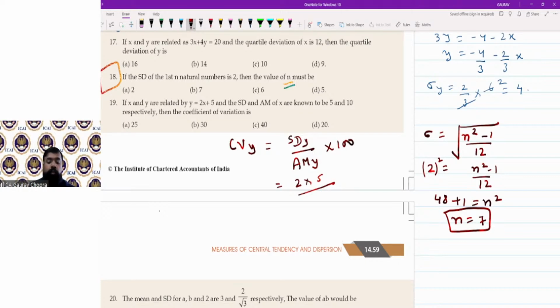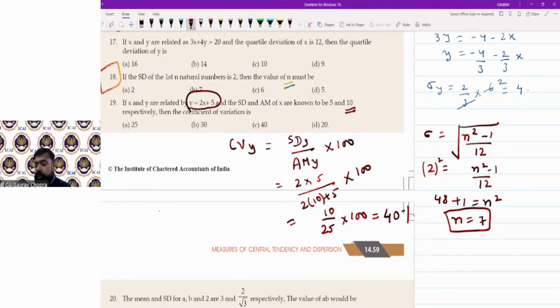The arithmetic mean of X is 10, so Y equal to 2 into 10 plus 5, and then multiply by 100. So we are getting 10 by 25 into 100. The result will be 40%. This is the coefficient of variation. Option number C. So Swati has given option number C.